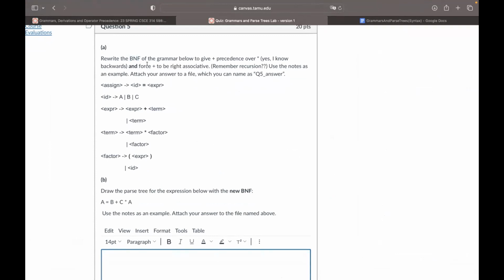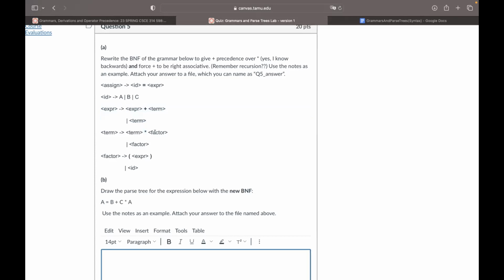Test transfer Q5 answer. Okay, so if I were to make it right associative, I would just switch expression and term here. But if I wanted to put plus at higher precedence than multiplication, I know that the plus would need to be lower down here. But does that mean I would just copy paste this whole term? Because I thought he said it doesn't matter which block goes first as long as the expressions are congruent. I feel like if you just switch plus and times that works, right?